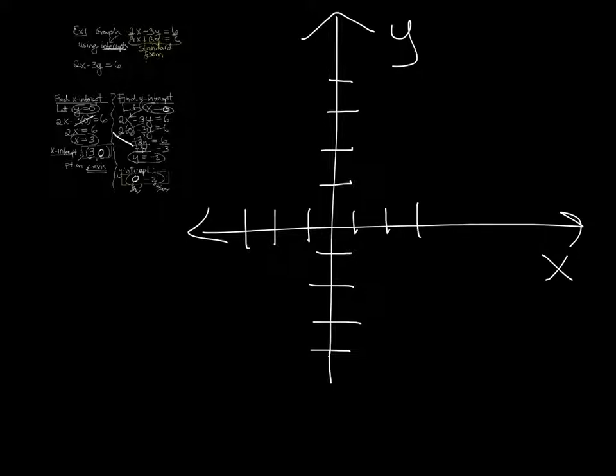So 3 comma 0. There's 3, and then I have 0, but that means I'm going up 0 or down 0. So that means I'm not moving. So this guy is my 3 comma 0.